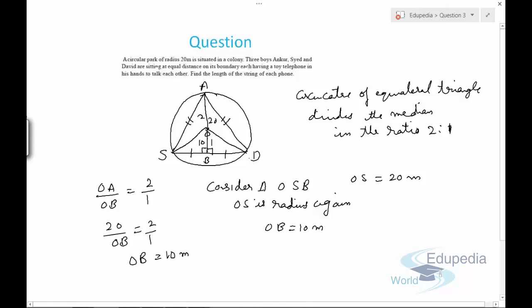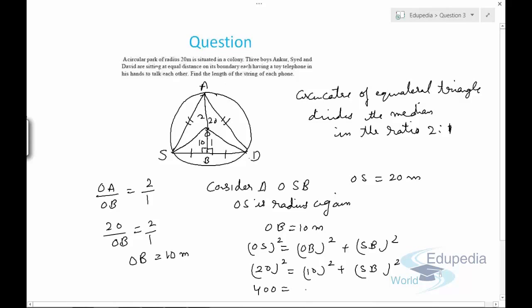Now we can use the Pythagoras theorem to find the length of SB. So we can say that OS square equals OB square plus SB square. Now OS is 20, it's a radius, it's given. OB square is 10 square, plus SB square, which we need to find.